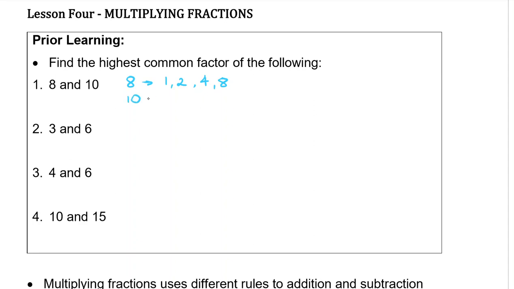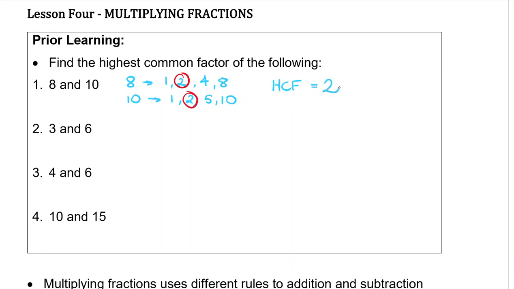My factors of 10 would be 1, 2, 5, and 10. The highest common factor is the highest number that happens in both of those lists, which is the 2. So we would write down here HCF, for highest common factor, is equal to 2.